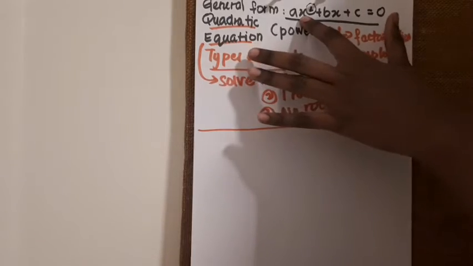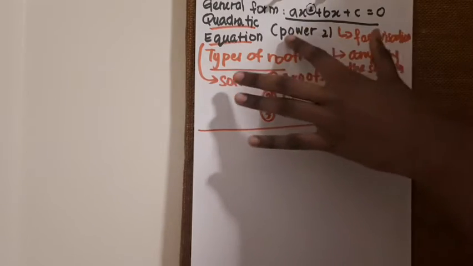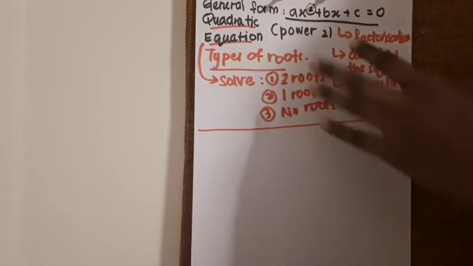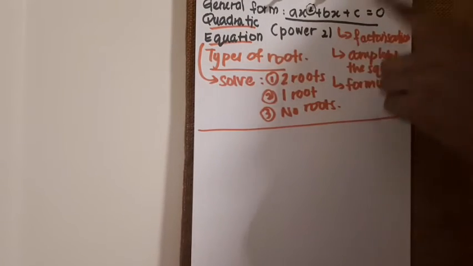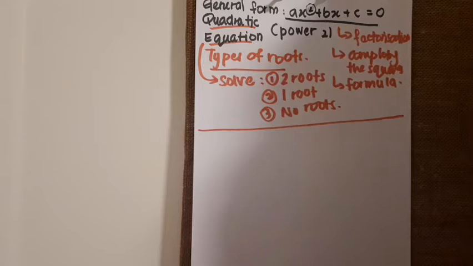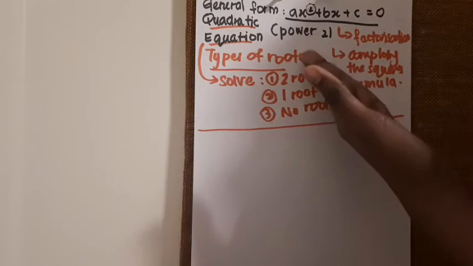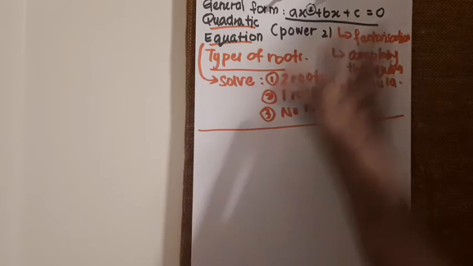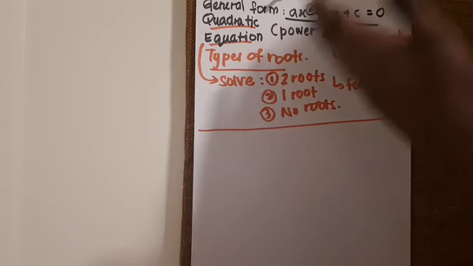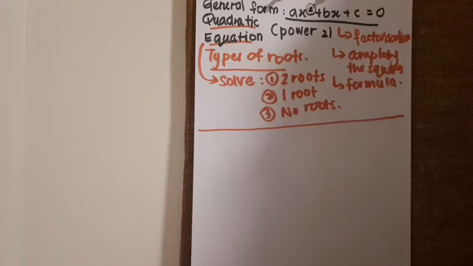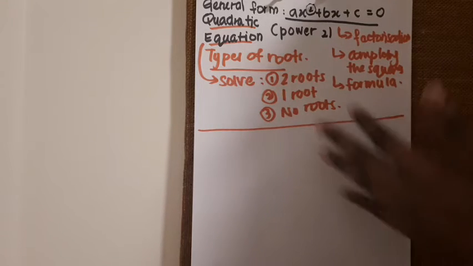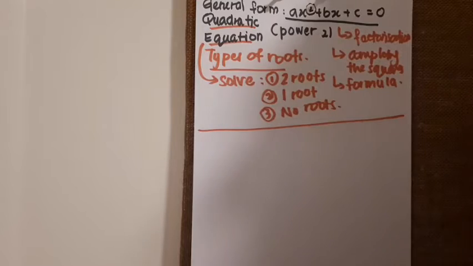Because this equation is in the power of 2. If this equation had the power of 3, for example, we might get up to 3 roots. If it's power of 4, we might get up to 4 roots. But not all equations will have 2 roots. Some might have 1 root or no roots at all.